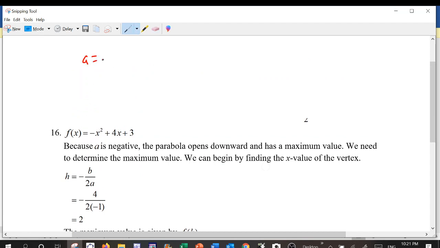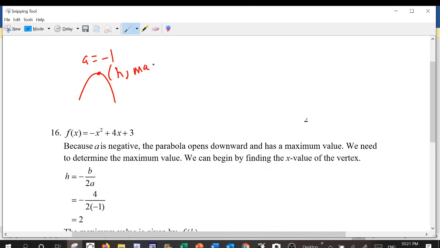So a is negative 1, so this is one of these, right? And we know that at the vertex this function has a max.